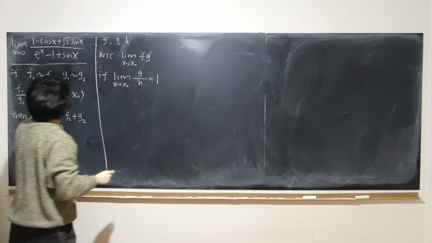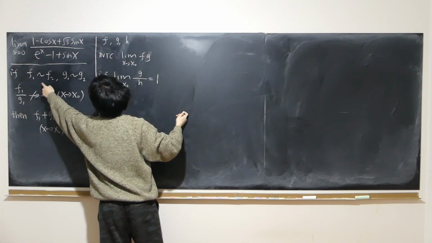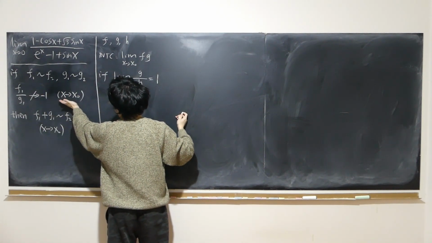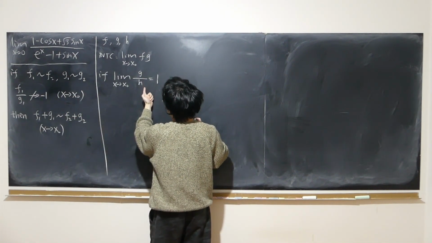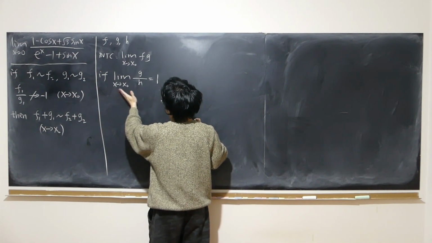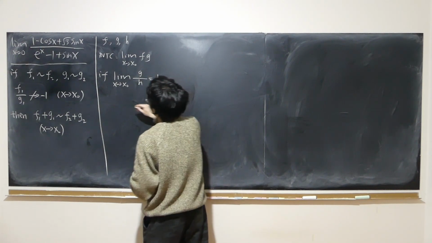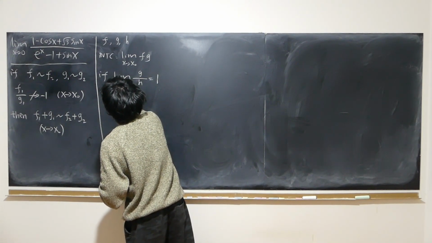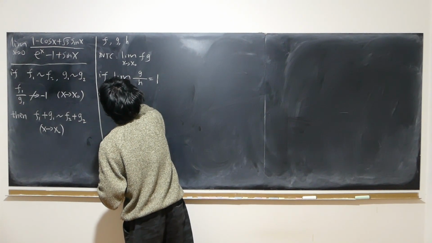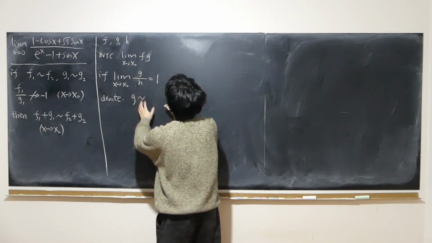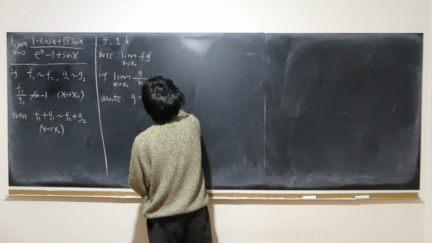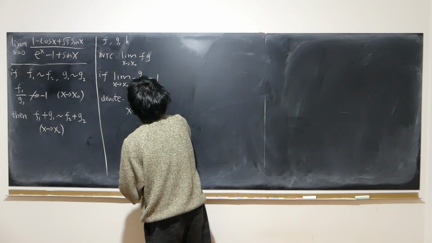So when I say some function is approximately equal to some other function as x approaches x naught, what I mean is that g over h is approaching 1 as x approaches x naught. Then I can denote it as g is approximately equal to h as x approaches x naught.